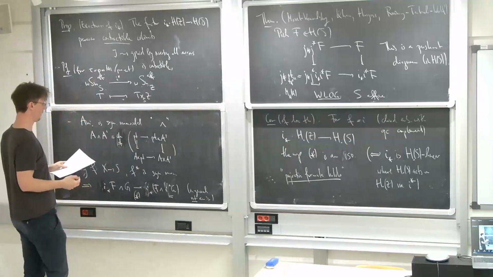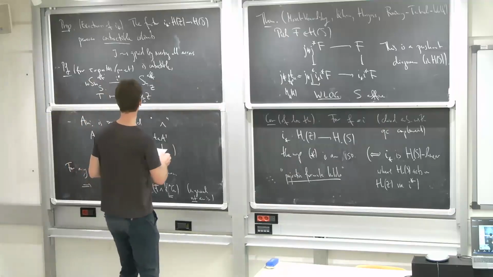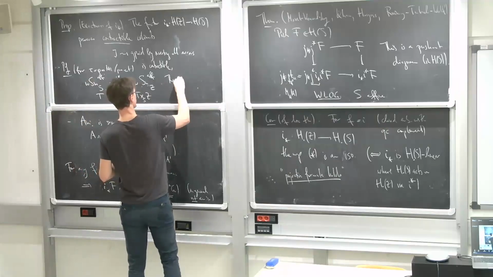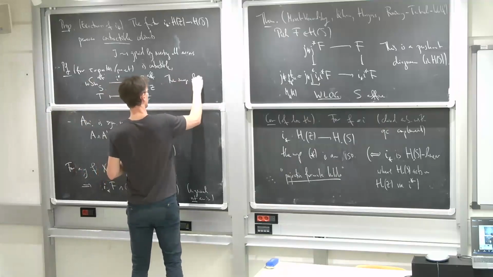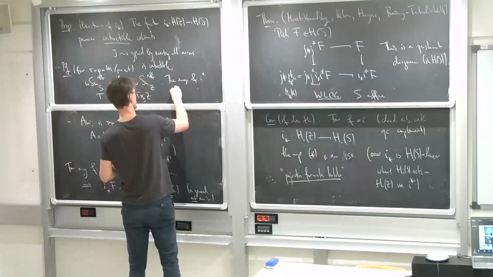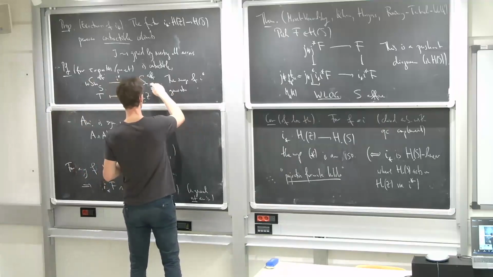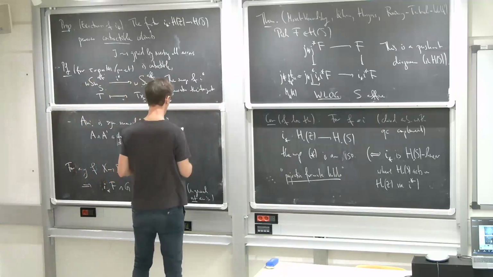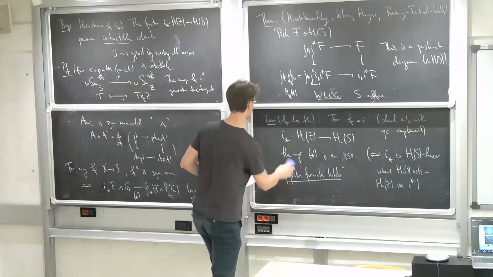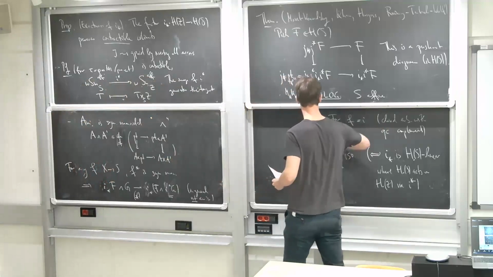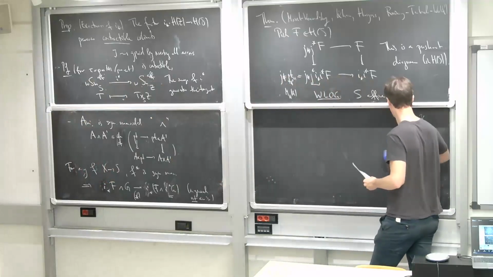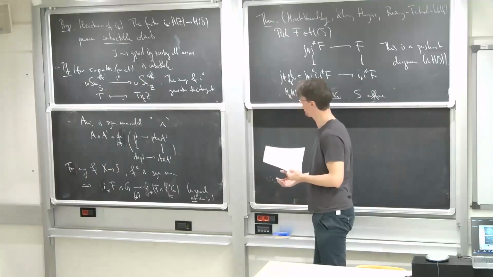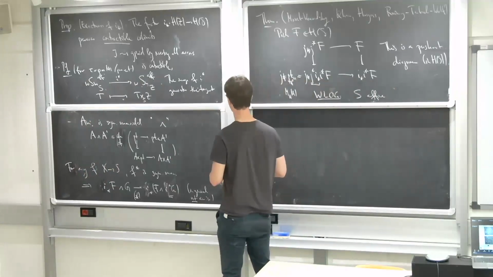But what is special about this is, like I said last time, the image of i upper star generates this target category under retracts. In other words, every weakly smooth scheme over Z is, if you like, the special fiber of something living over S up to this retract.